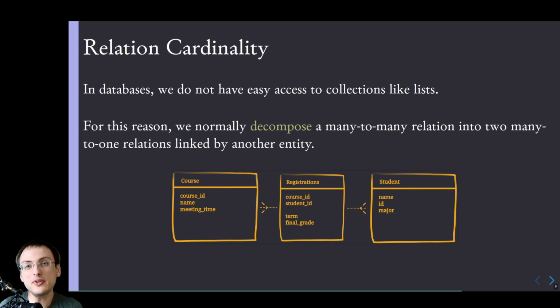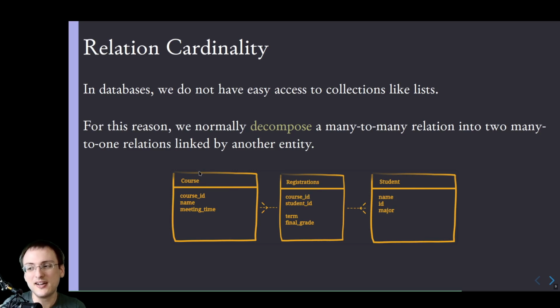So what we normally do when we have a many-to-many is we decompose it down into 2 many-to-ones. Anytime you see a many-to-many, you can represent that same exact relationship as some third thing that links together the other 2 sides.